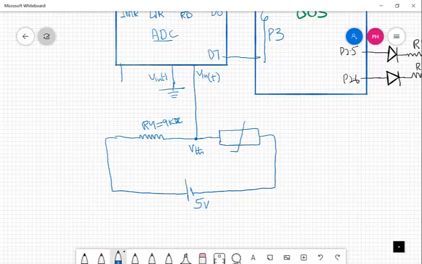We have chip select, we have 2 grounds, analog ground and digital ground. All these pins will be grounded.